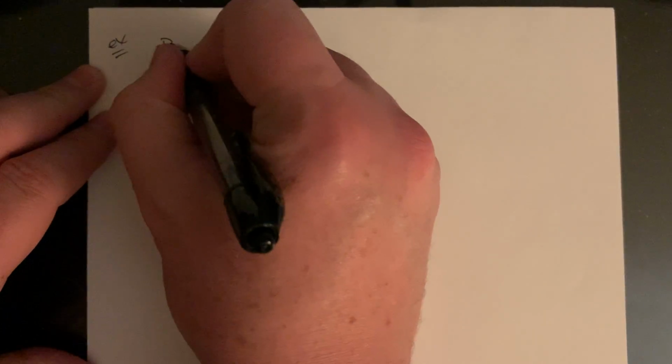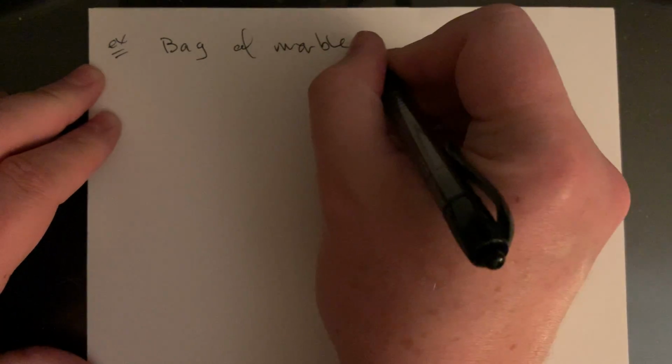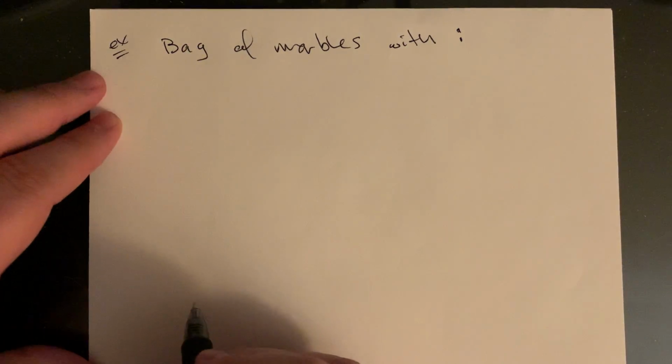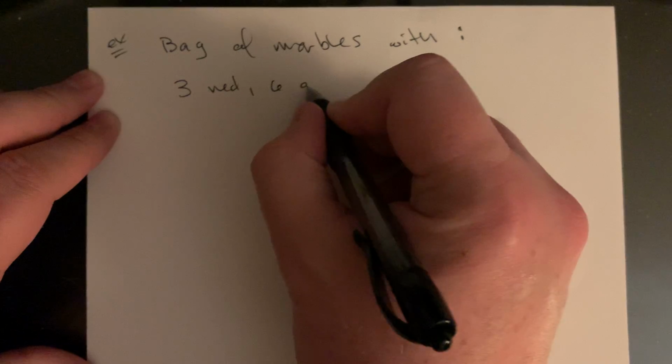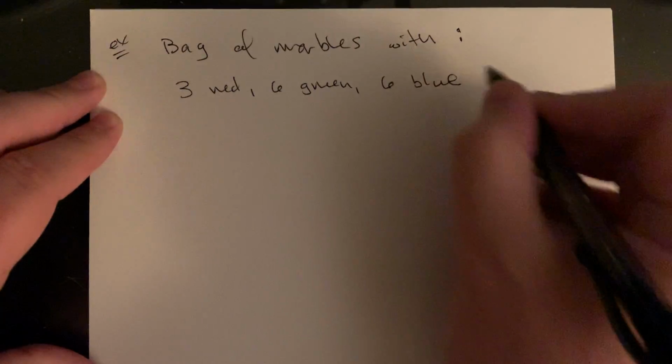Let's do a different scenario, right? Let's say we have a bag of marbles with different colors. So let's say there are 3 reds, there are 6 green, and there are 6 blue.